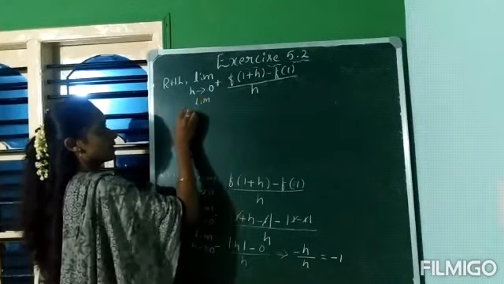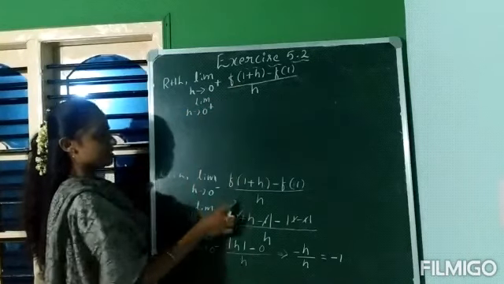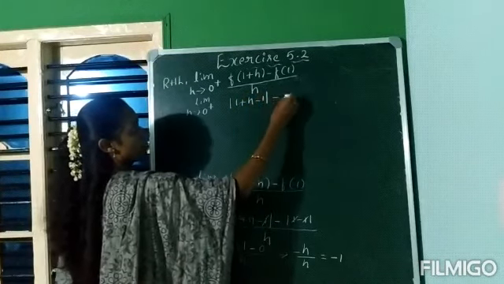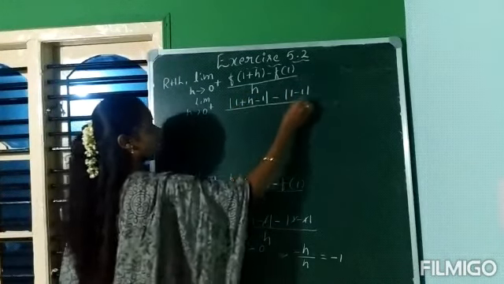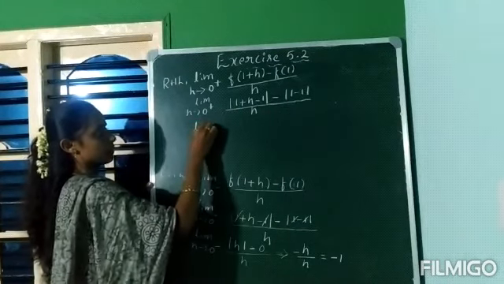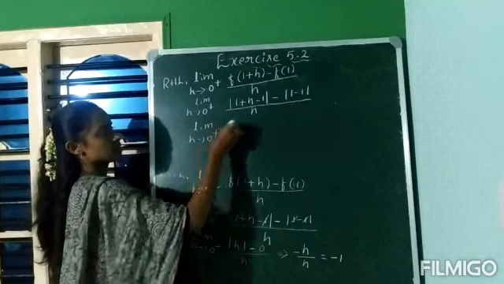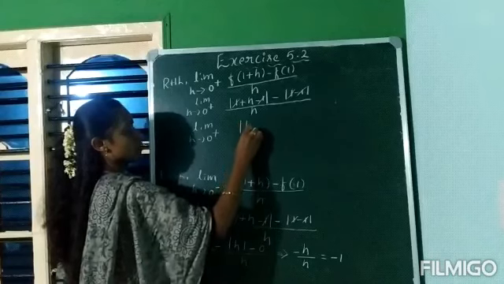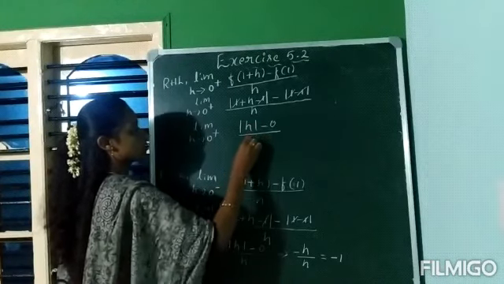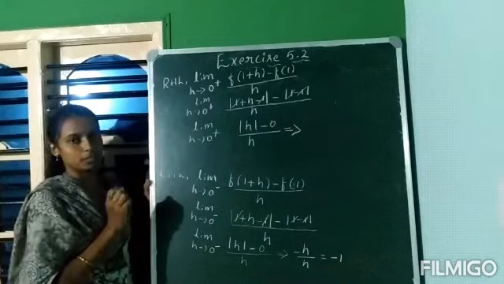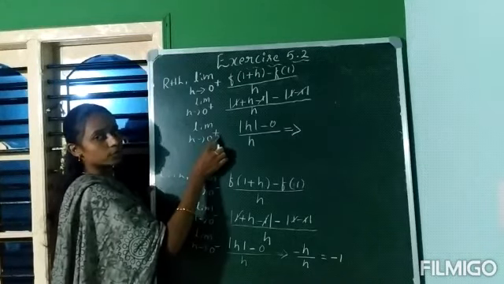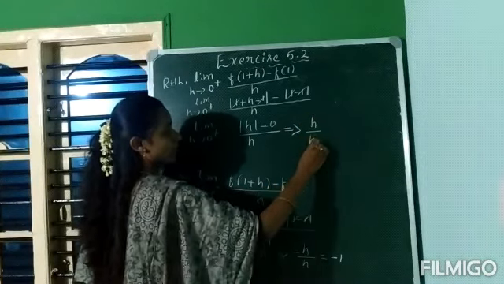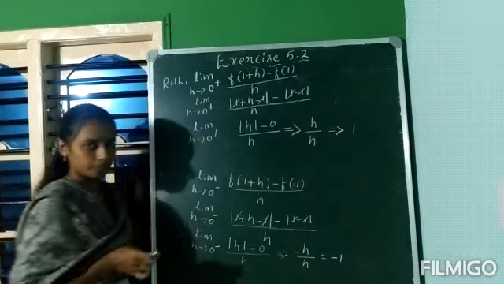Modulus of 1 plus h minus 1, minus 0, divided by h. The plus 1 and minus 1 cancel. Remaining is modulus h minus 0 by h. Now apply the limit for h. It is a positive value, therefore the modulus of h is positive h, divided by h, and this is plus 1.